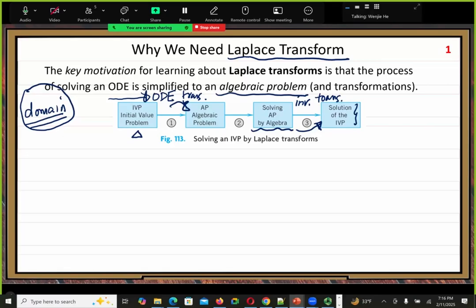The transform method helps you go to a different domain. So you change the domain by a transform.